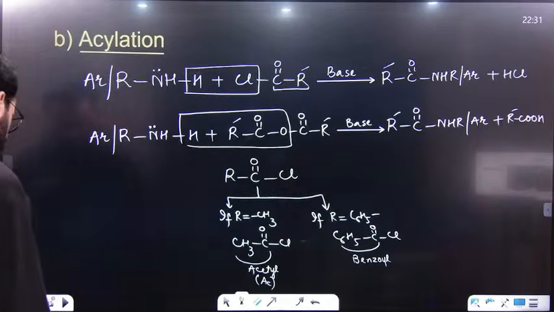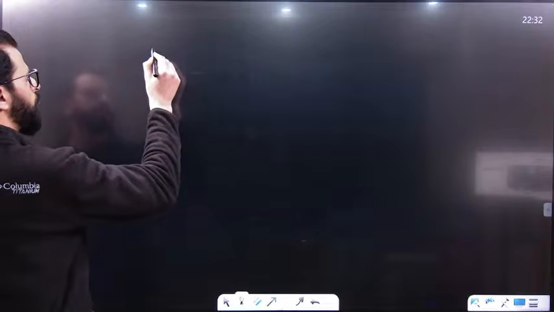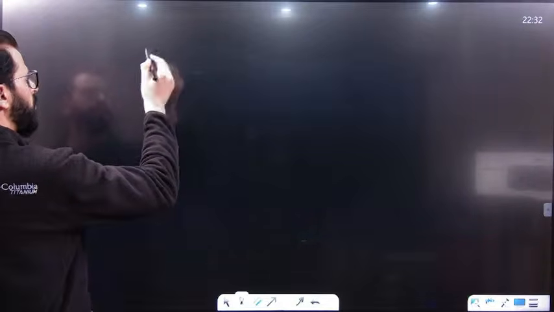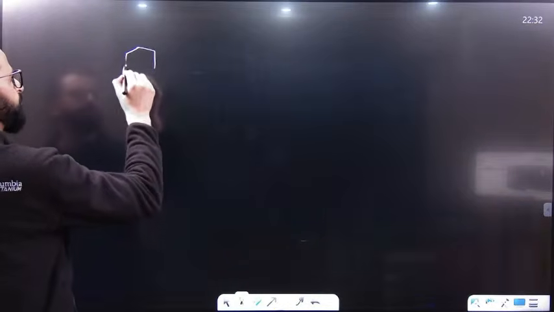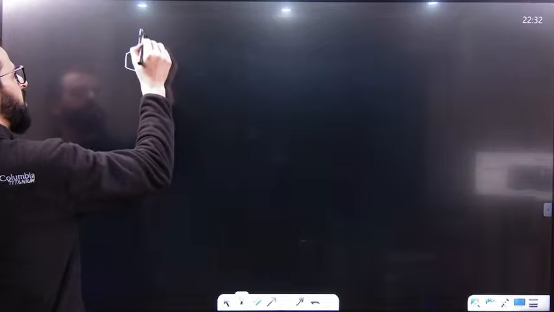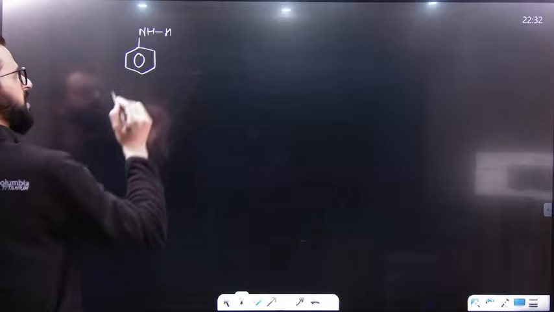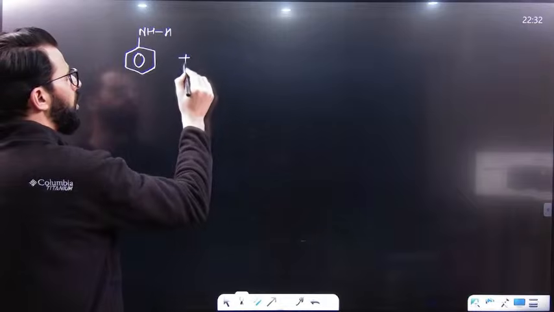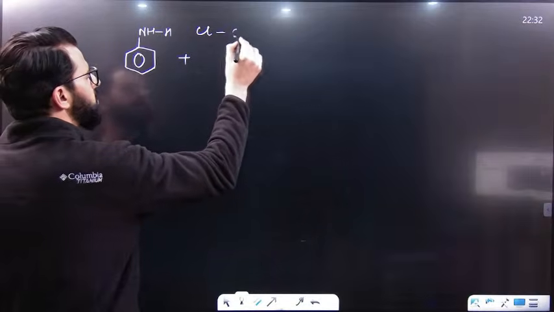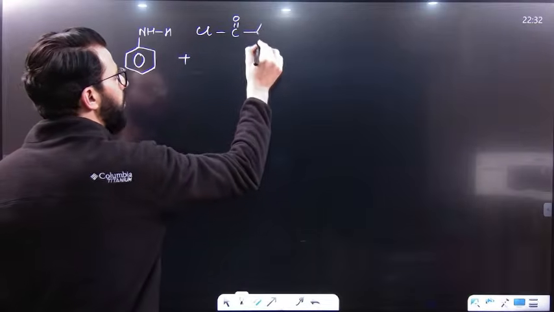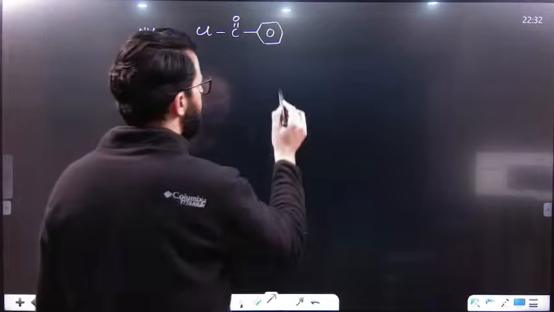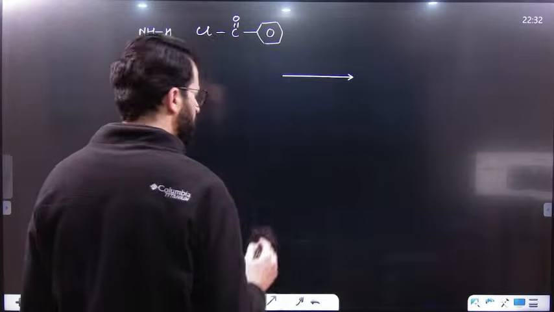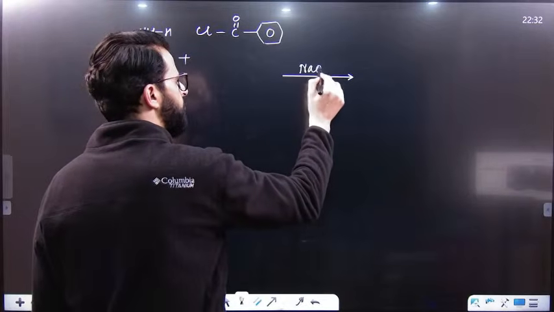For example, if you are having an alcohol, or an amine, say for example this amine, an aromatic amine known as aniline, and you are reacting this with benzoyl chloride in presence of a base, let us suppose NaOH.